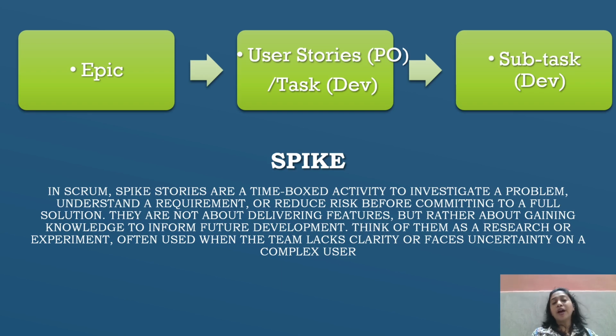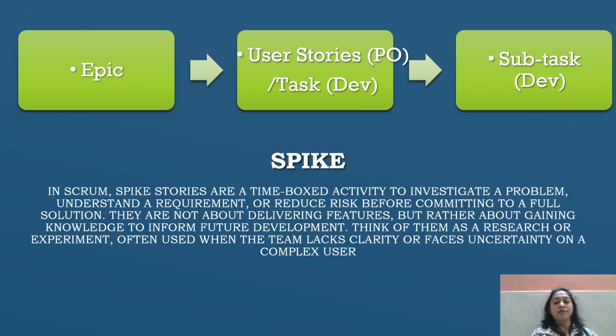In Scrum, spike stories are a time-boxed activity to investigate a problem, understand a requirement, or reduce risk before committing to a full solution. They are not about delivering features, but rather about gaining the knowledge to inform future development.